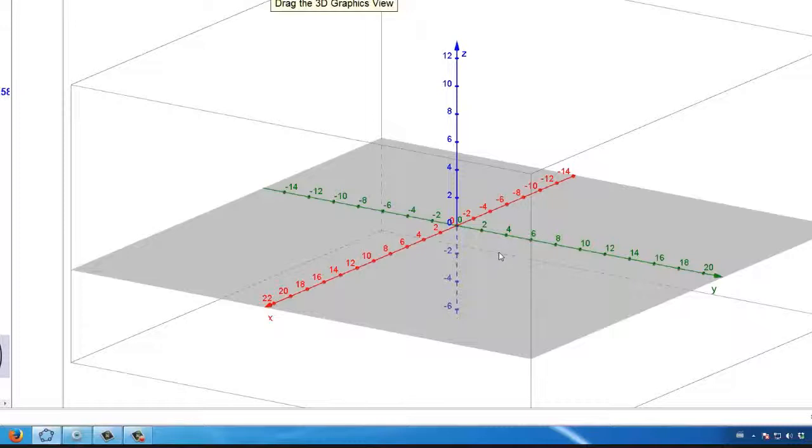Okay, I want to plot a point. It has an x coordinate of 3, a y coordinate of 4, and a z coordinate of 12. I'm going to put my cursor right in here. You tell me where I should put my cursor, so advise me which way to go.